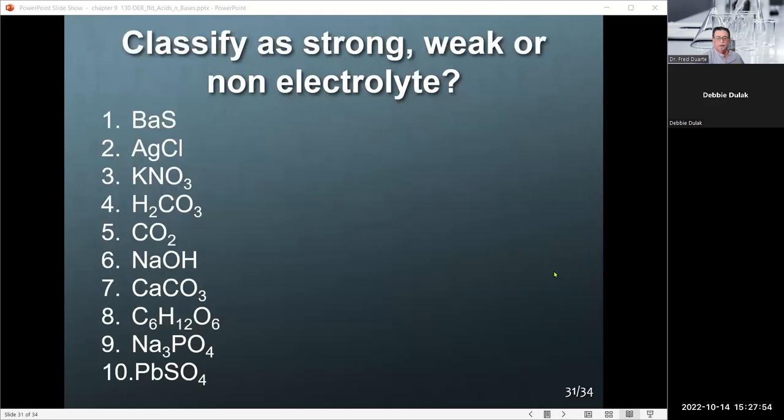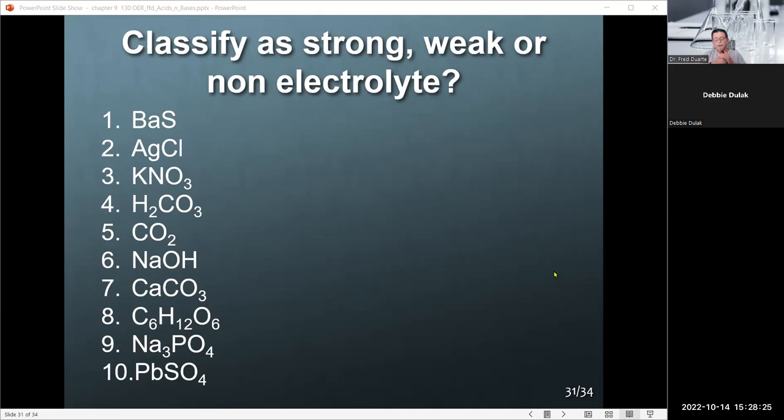All right, so I've got a few more here, and we're going to call it a day pretty soon. Here we're going to classify each as a strong electrolyte, a weak electrolyte, or a non-electrolyte, okay? Now, if we look at the formula, the first thing we're going to do is find out what it is. The name of it is barium sulfide, okay? That's where nomenclature is important, because now we know what to look for with respect to either the anion or the cation.